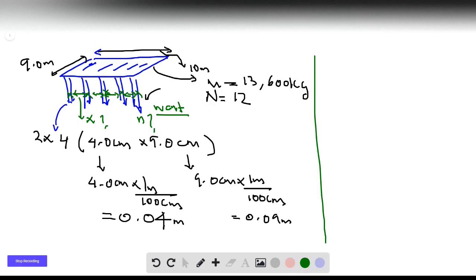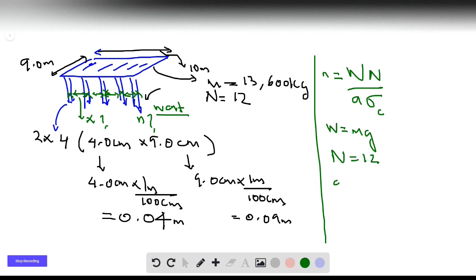If we're going to find the number of supports, we use N is equivalent to W n, capital N, of A times sigma C, and we need to define all these units. W is the weight of the roof, mg. N is 12, that's the safety factor.